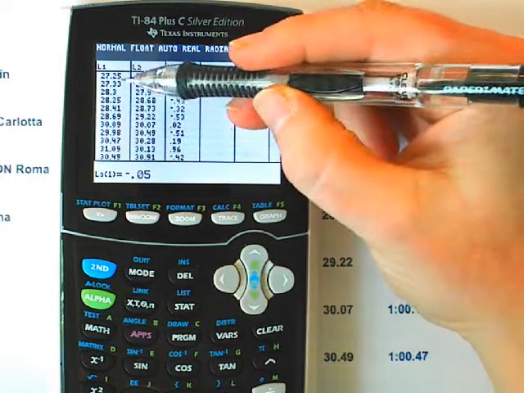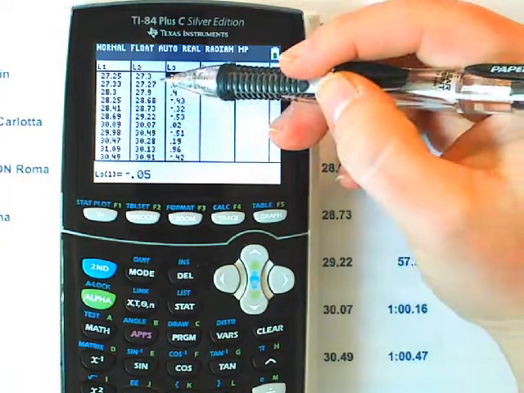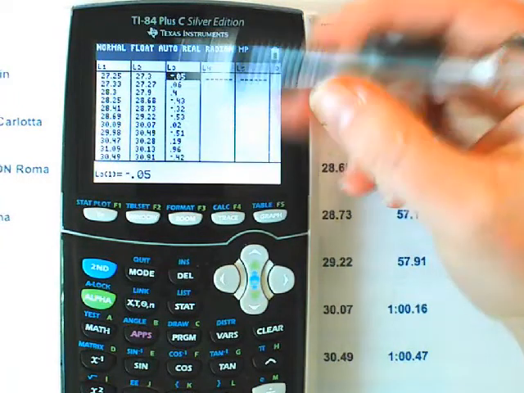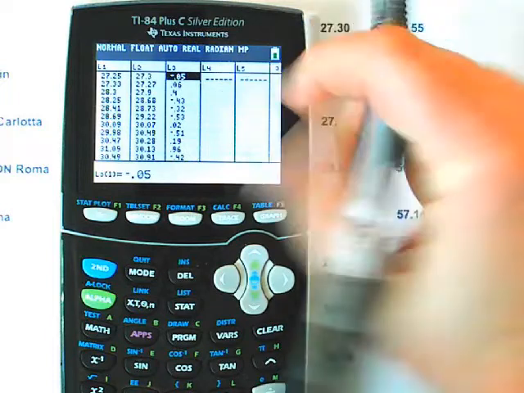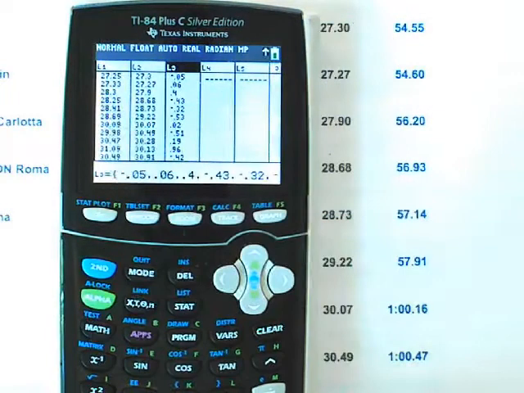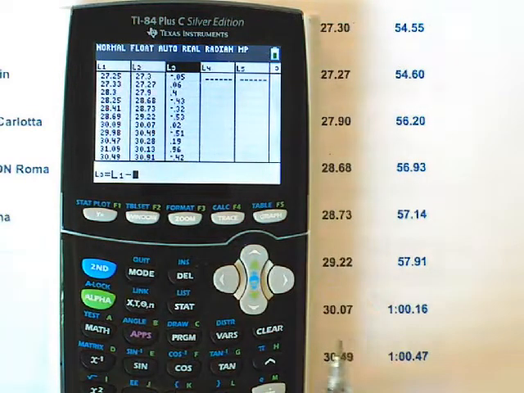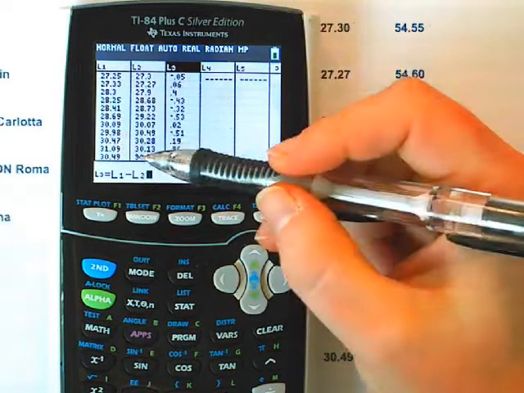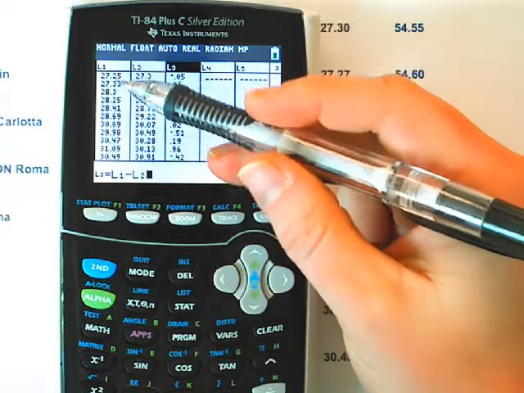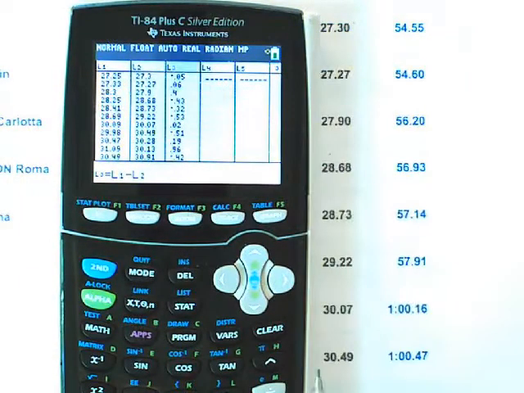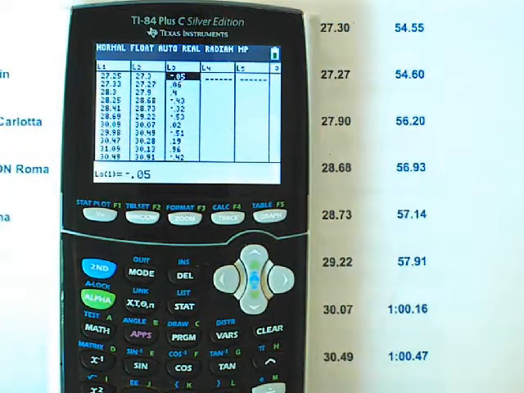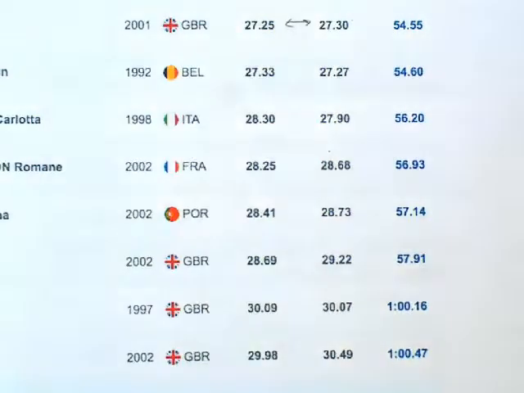I have the first run here and the second run here. In my third column, I'm typing in L1 minus L2. That will give me the difference in their times. I hit enter and you see that my values are the same.